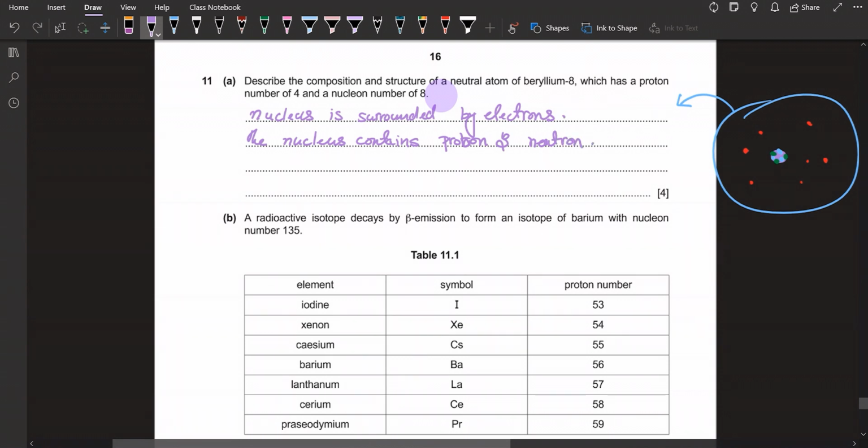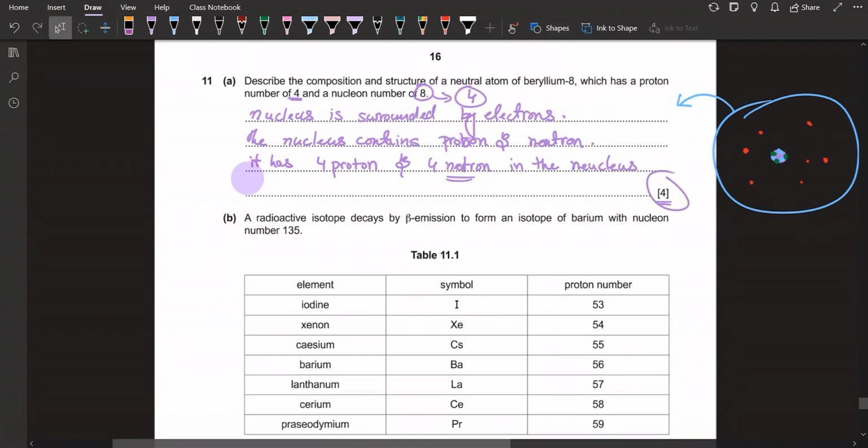And to get our last mark, we have to mention that it has 4 protons and 4 neutrons in the nucleus. And how do you know that? Because this is the nucleon number, and if you subtract 4, because the number of protons and number of electrons are the same, we get 4 as our answer. So that's why we have 4 neutrons, and we get 4 marks for this.